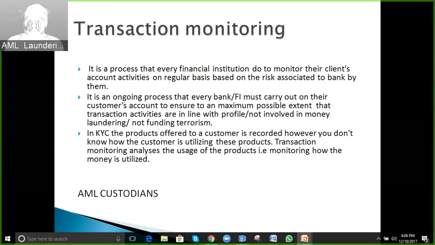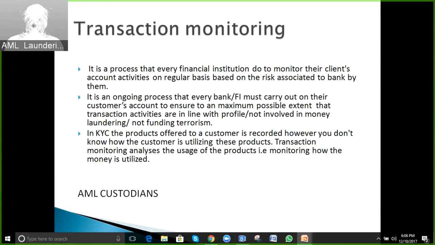So the third point talks about utilizing the products to launder money or for terrorist financing. Any queries on these definitions? Okay, no. Great, because we have already discussed step by step.